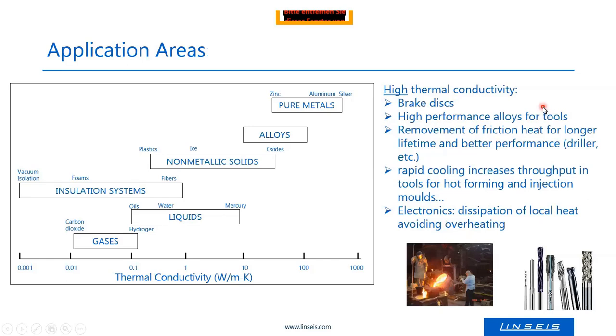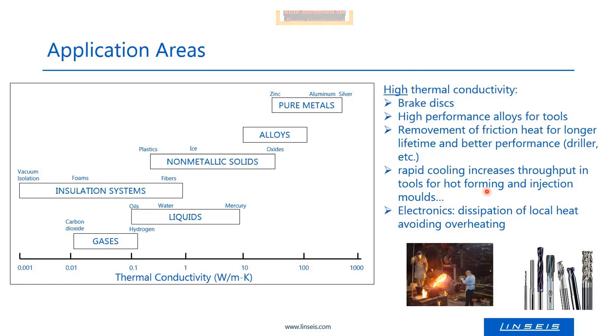Then there are also, of course, applications where you need high thermal conductivity, as high as possible. Brake discs, for example, in cars, or high performance alloys for tools, like these drillers here. They are coated with a thin film layer to get rid of the heat. Then rapid cooling increases throughput in tools for hot forming and injection molding.